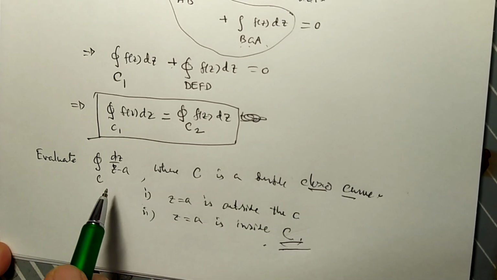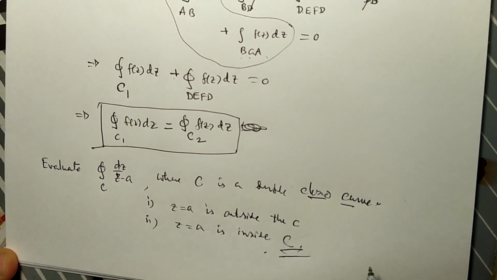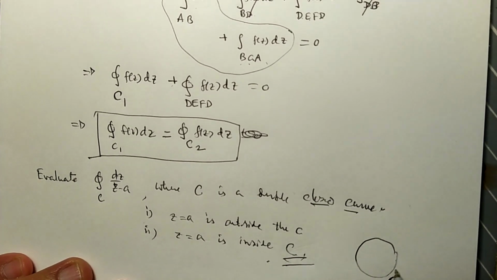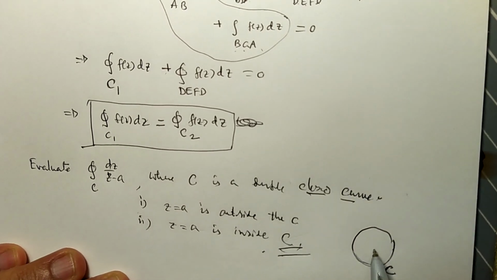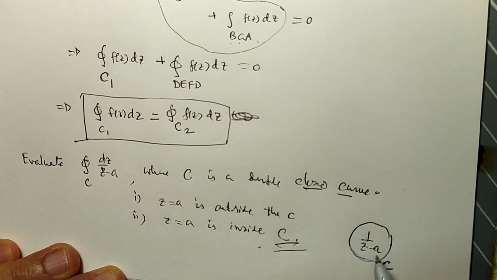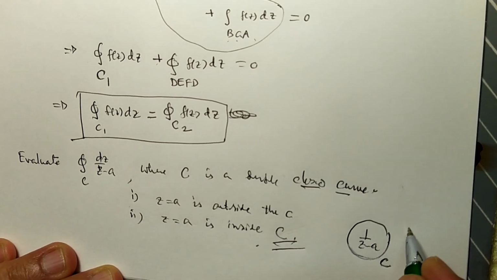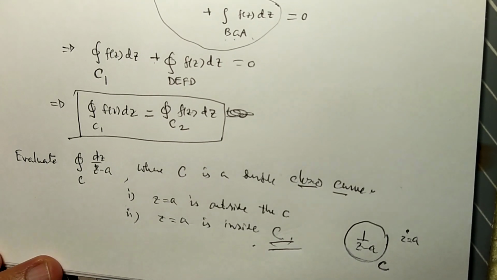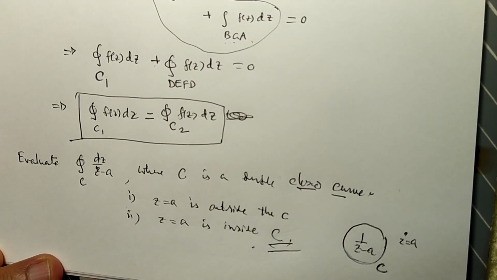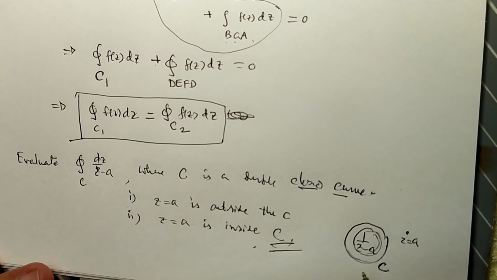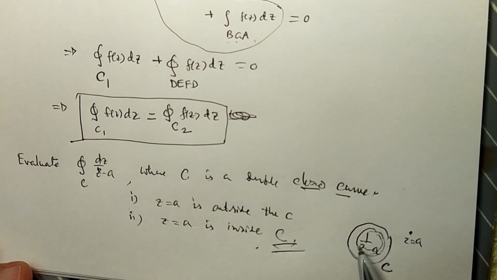Now first one is simple, because you see, suppose this is C, and your function here is 1 by z minus a, and this point is a, z equals a is outside this circle. If it is so, then this function is not diverging inside this circle, and therefore it would be analytic in this region.